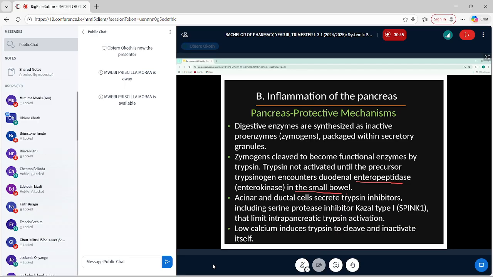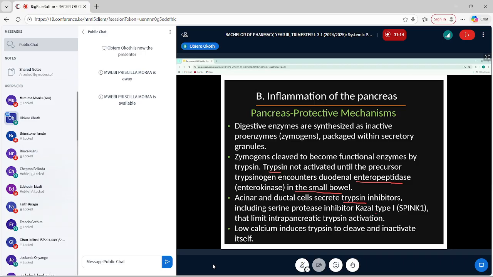Trypsin must also not be activated in the pancreas, because if you activate it in the pancreas, it is going to activate the proenzymes into digestive enzymes. So intrapancreatic trypsin activation is limited by serine protease inhibitors.